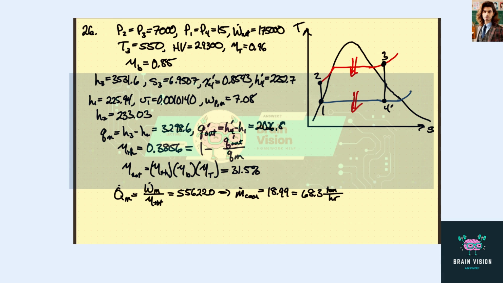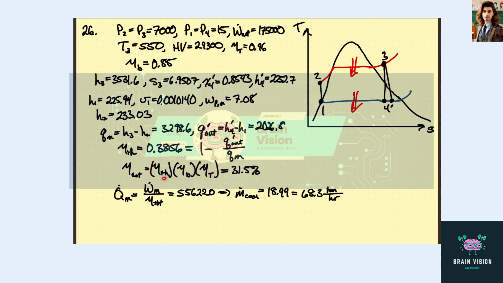Not all of the energy from burning the coal is going into the boiler, and in reality we have some losses from here down to 4, so we tack that in too.